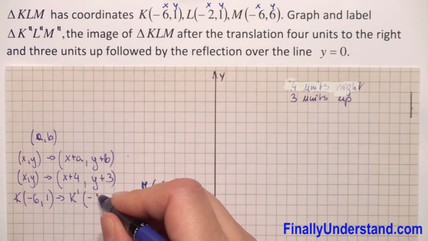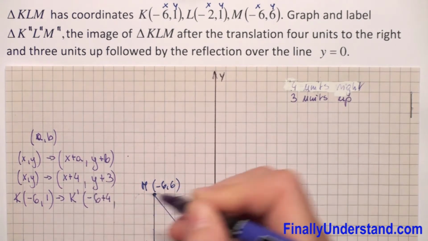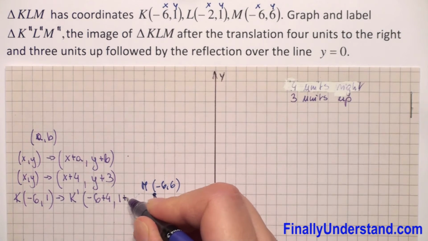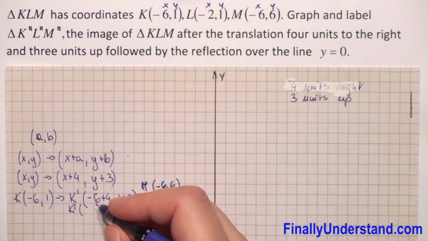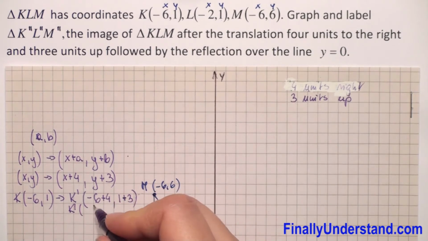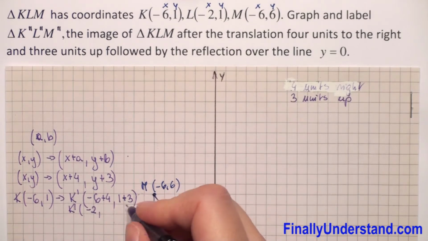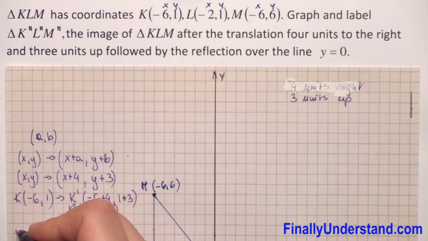So we have negative 6, we copy it and add 4, and to the second coordinate 1 we add 3. So K prime will have coordinates: negative 6 plus 4 is negative 2, and 1 plus 3 is 4. Now this is our point K prime.